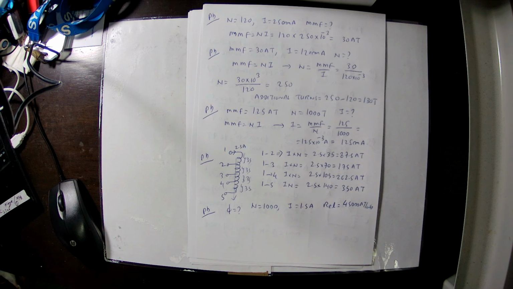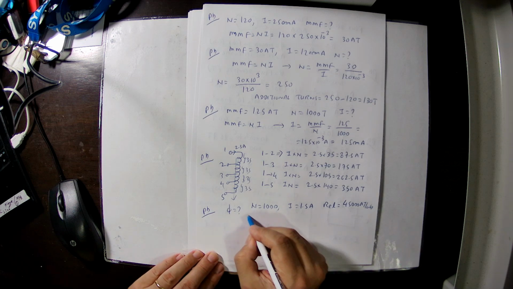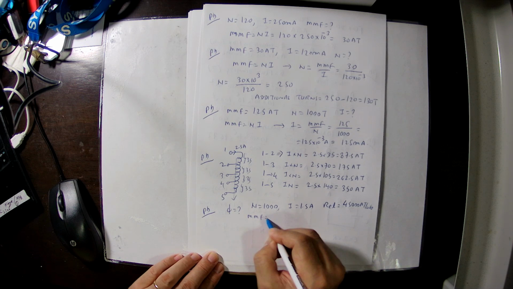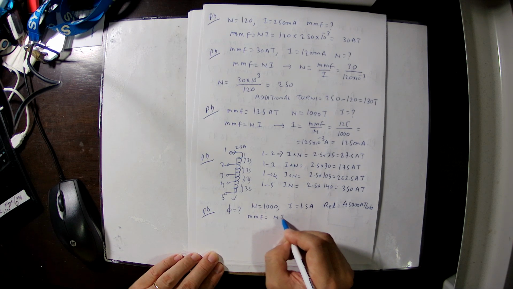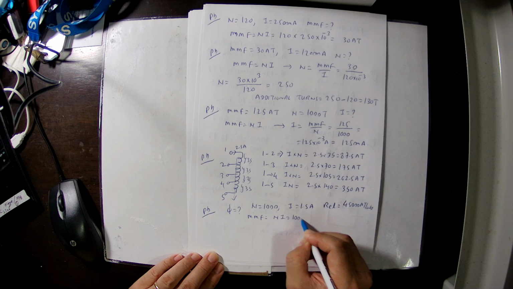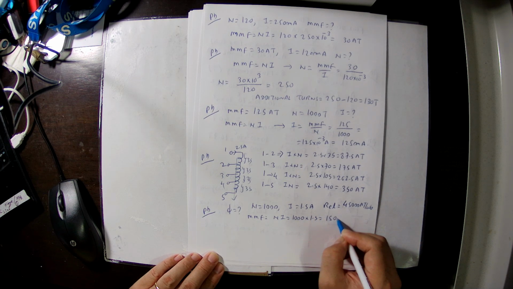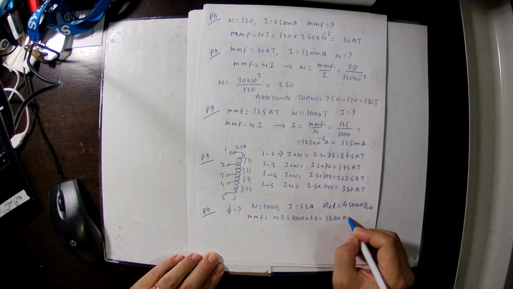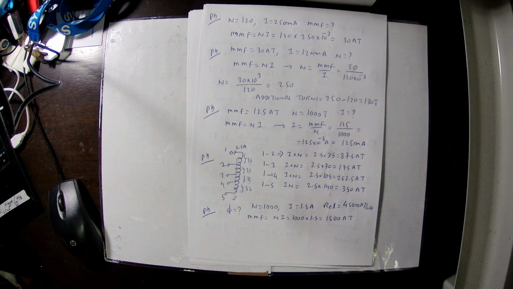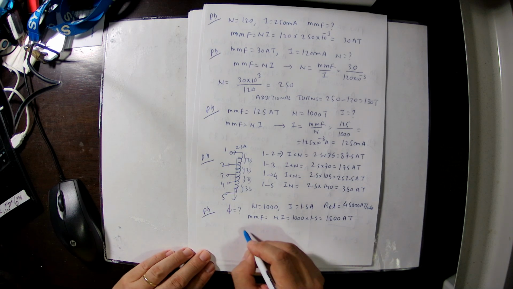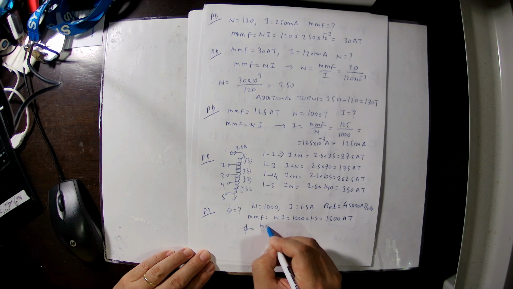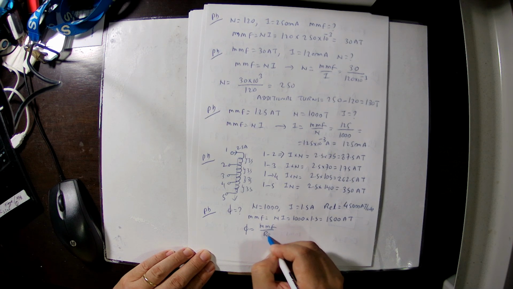Firstly, we have to calculate the magnetomotive force, MMF. N multiplied by I, 1000 times 1.5, gives 1500 ampere turn. This is the magnetomotive force. Then we calculate the flux. Flux equals MMF divided by reluctance.